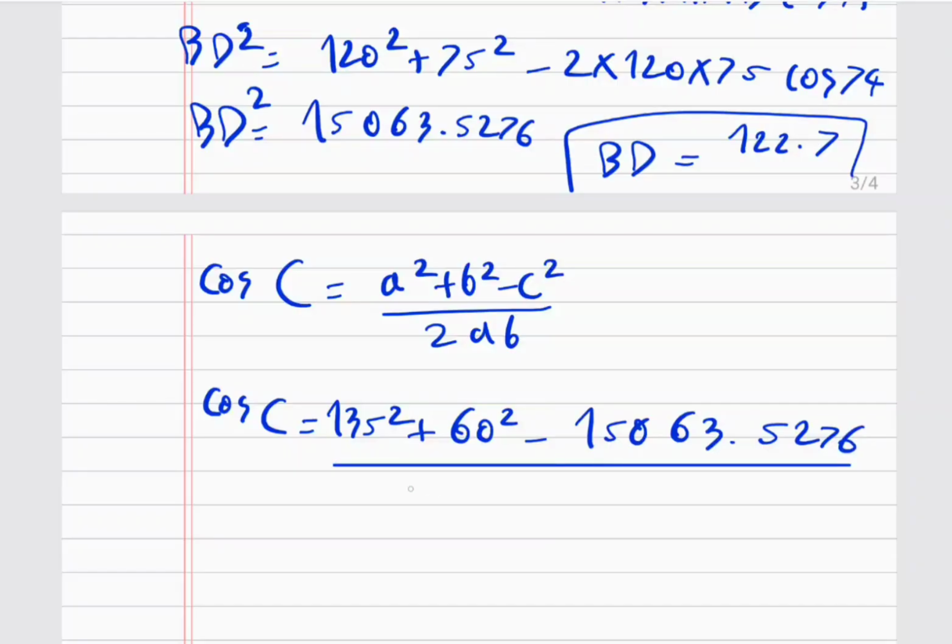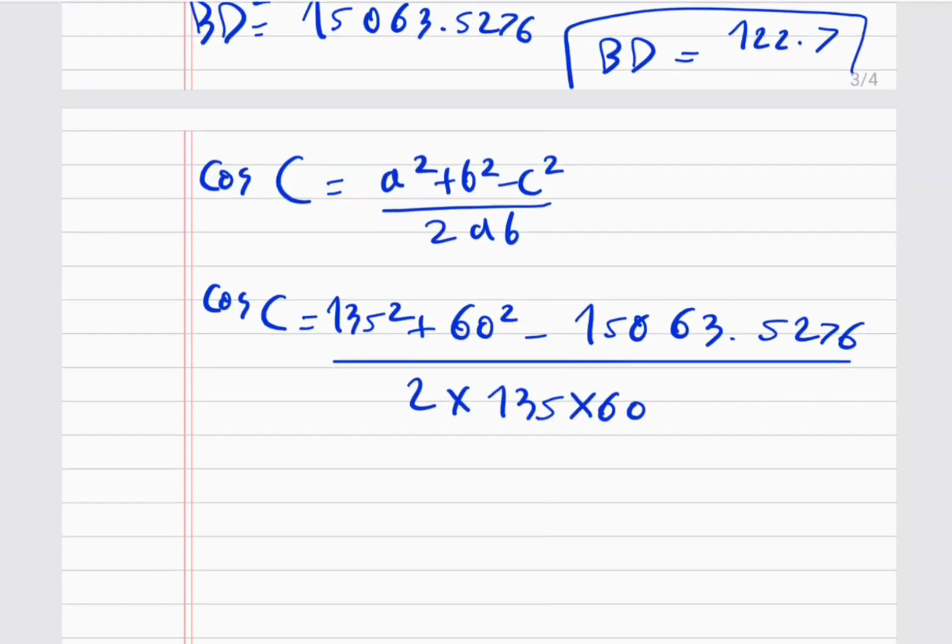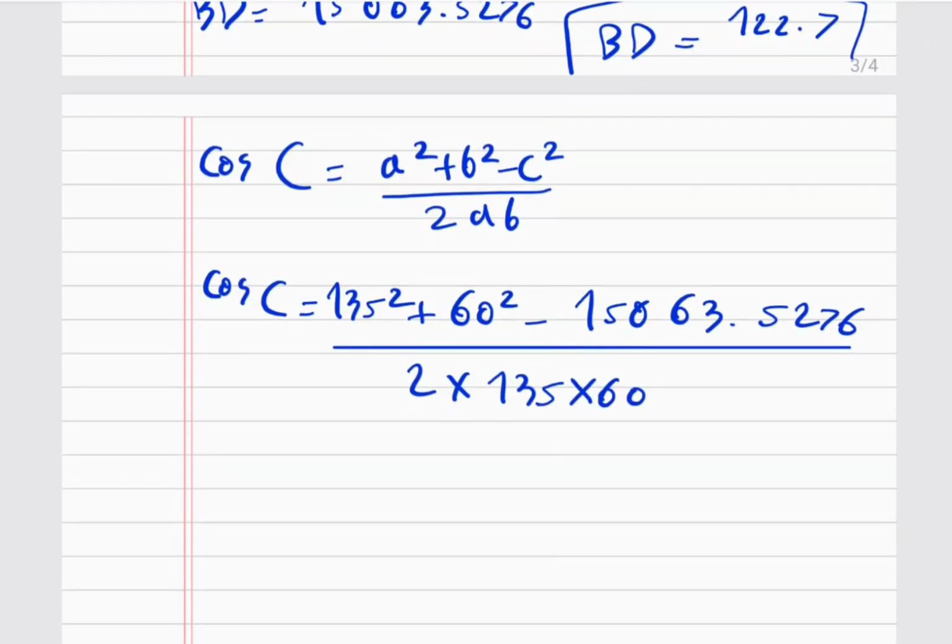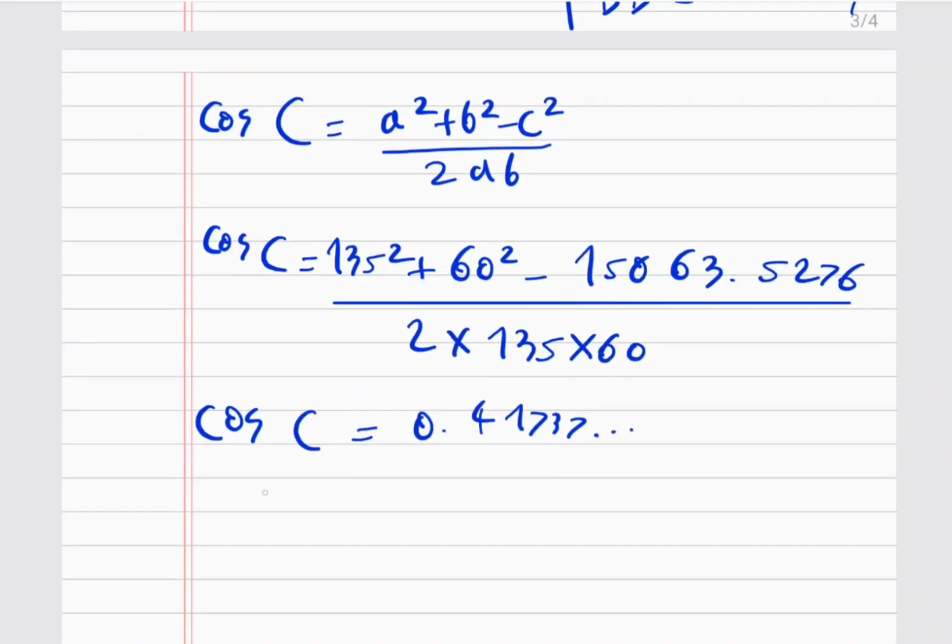And now we have 2 times 135 times 60. After simplifying this, we'll have 0.41737 and some more digits. These are just the standard calculations. So we take the cos inverse of both sides, and then we'll get 65.3 degrees to 3 significant figures.